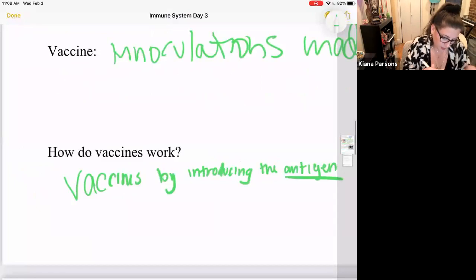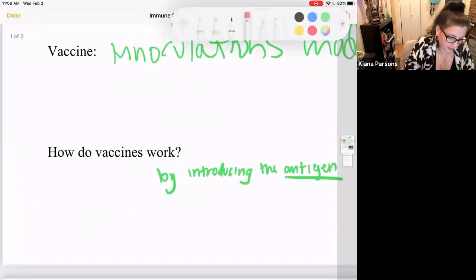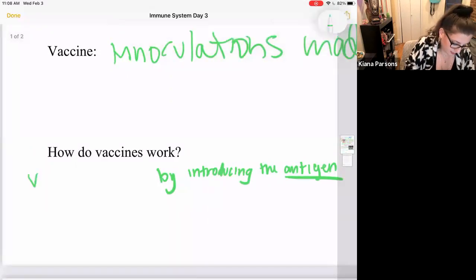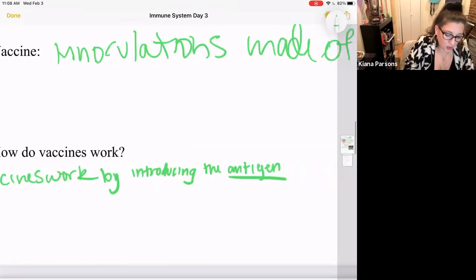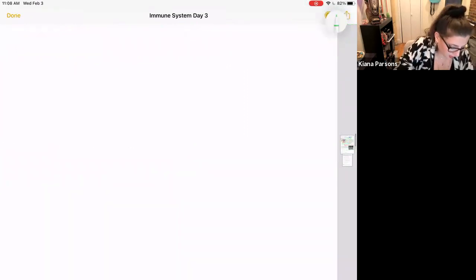Vaccines, let's go ahead and fix that. Vaccines work by introducing the antigen in a weakened form.